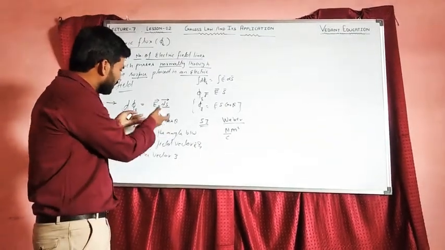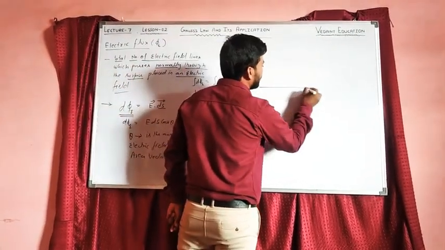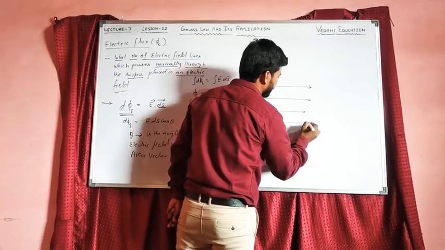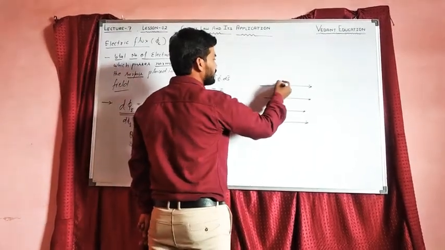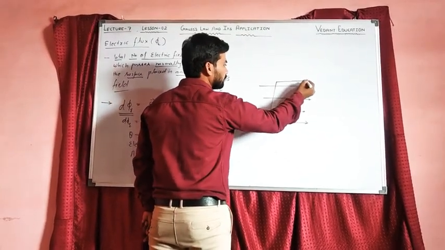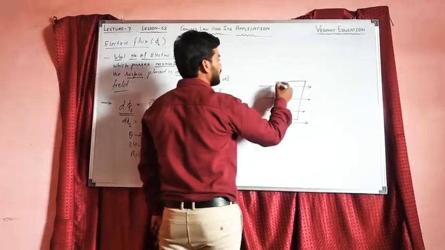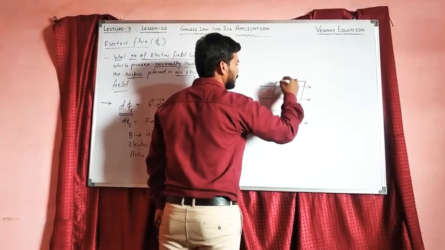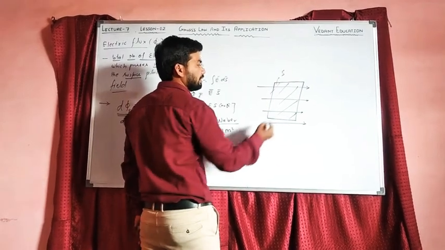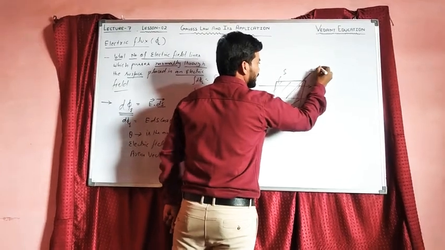How does the angle come here? Suppose this is a uniform electric field, and there is a sheet like this one whose surface area is S. It is the area vector.